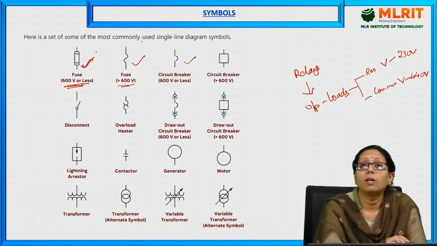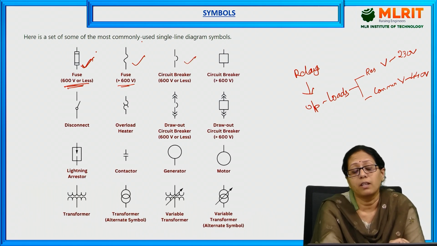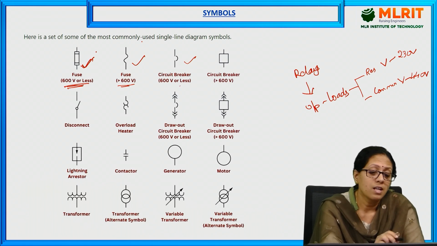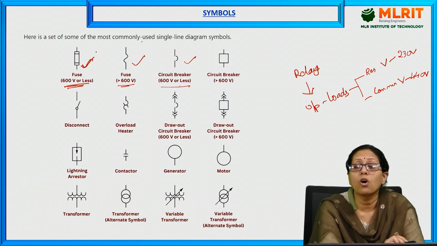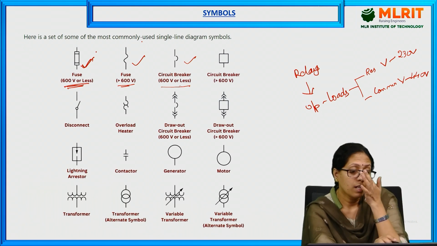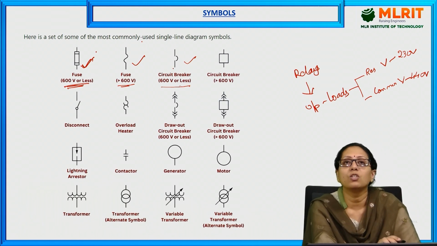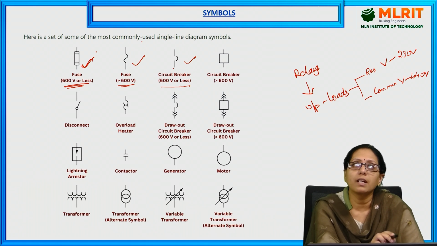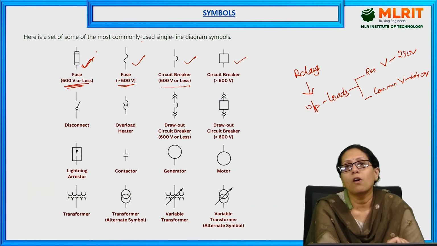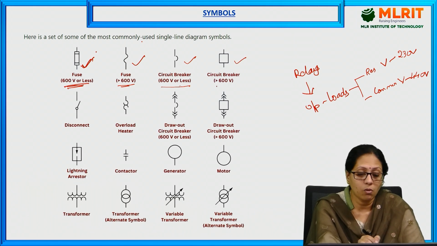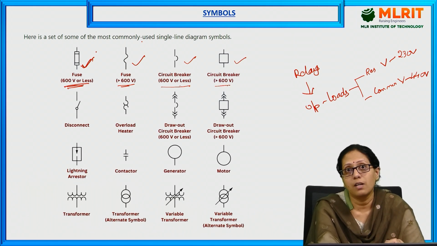The third one is a circuit breaker, one of the protection devices. This particular symbol is used for 600 volts or less. This is also the symbol of a circuit breaker, but for more than 600 volts.